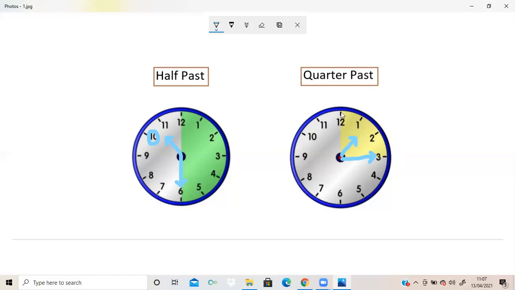The minute hand starts from 12 and goes around till 3, so this part is a quarter of the circle. That's why it's quarter past 1. Let's go to the next picture, and it will be easy to understand.